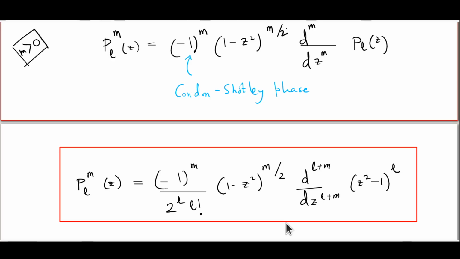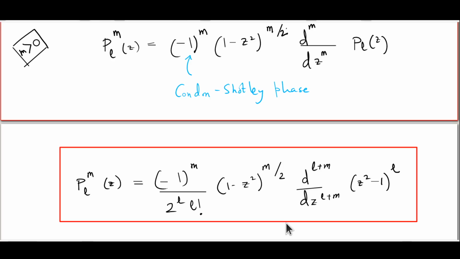So the question that can arise in your mind is, how then can we get two solutions for PLM and PL minus m? Now of course you might say that because this is a second order differential equation, it does have two independent solutions. So maybe one of them is PL plus m and the other one is PL minus m.